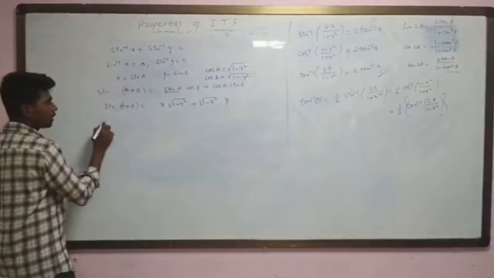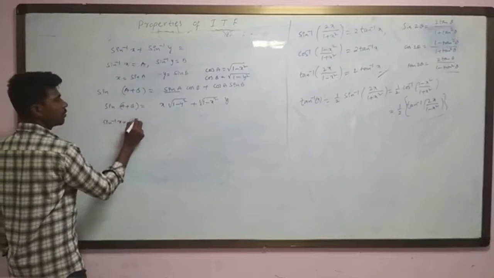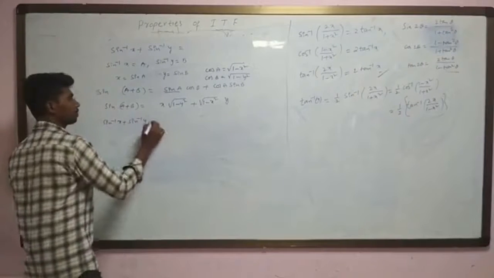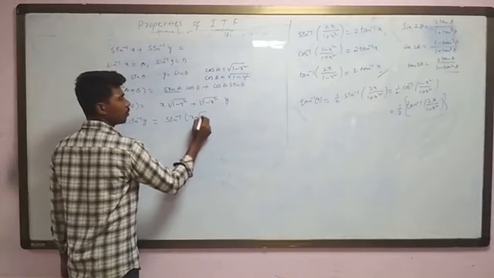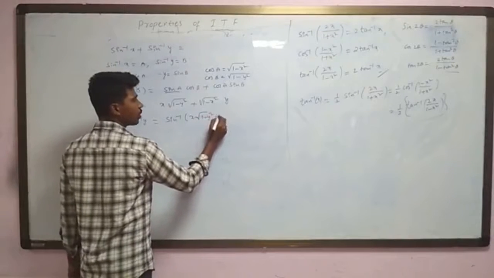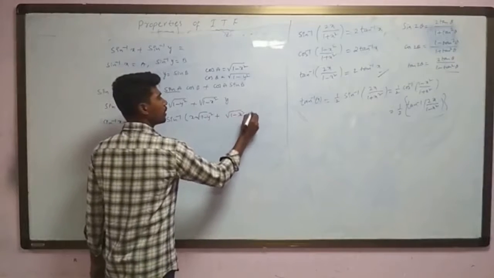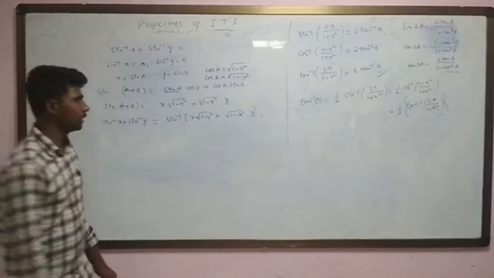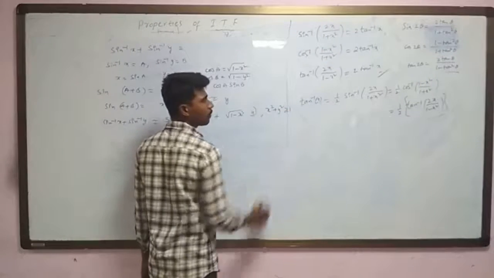So if I want sin inverse x plus sin inverse y, I have to transfer this sin to the right side. What I get? Sin inverse of x into root of 1 minus y square plus root of 1 minus x square into y. This exists only for x square plus y square less than or equal to 1.